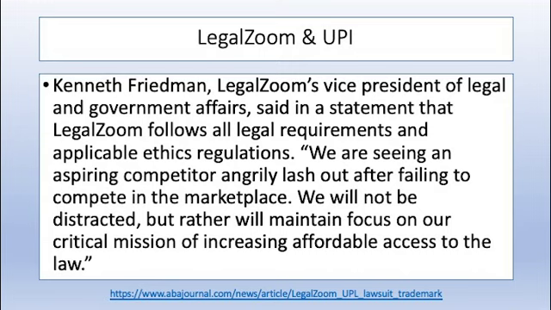Now, of course, lawyers are not necessarily in the business for charity. They want to make money too.